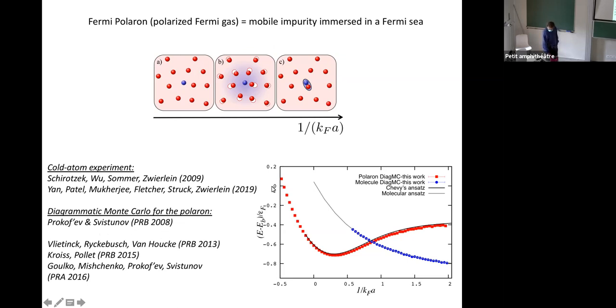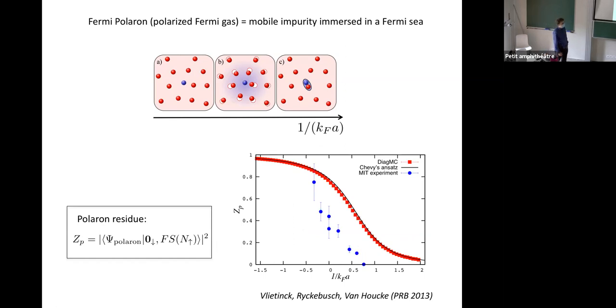So here you see the energy of the Fermi polaron. This is the energy minus the binding energy in units of the Fermi energy of the Fermi sea. And one sees that there is a transition at some critical interaction strength where indeed the molecule or this dimeron becomes the ground state.